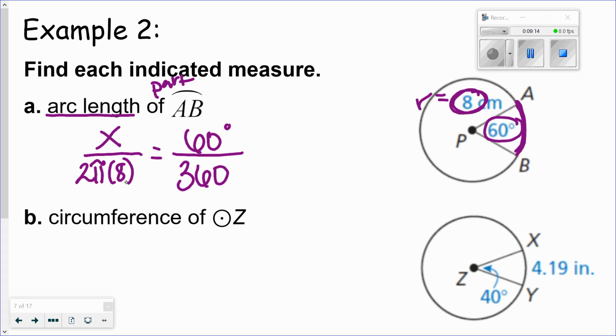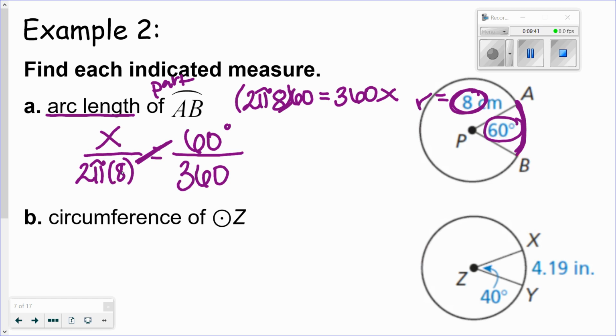Okay, so now we're going to cross multiply. So we have 2 pi r times 60 equals 360 times x. So I'm going to plug in, oops, I don't know why I have r here. R is 8.